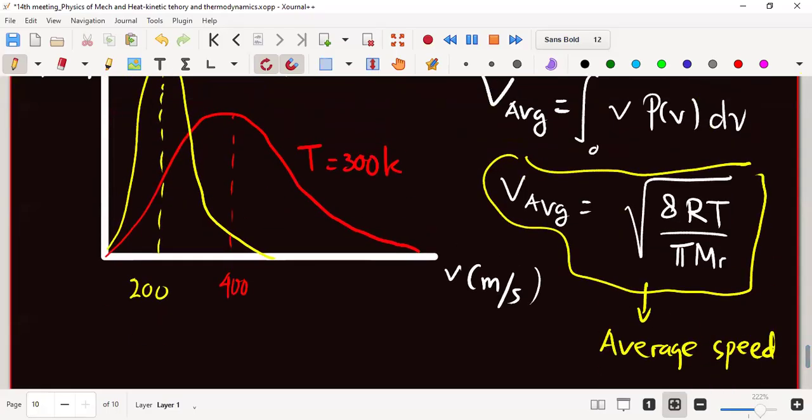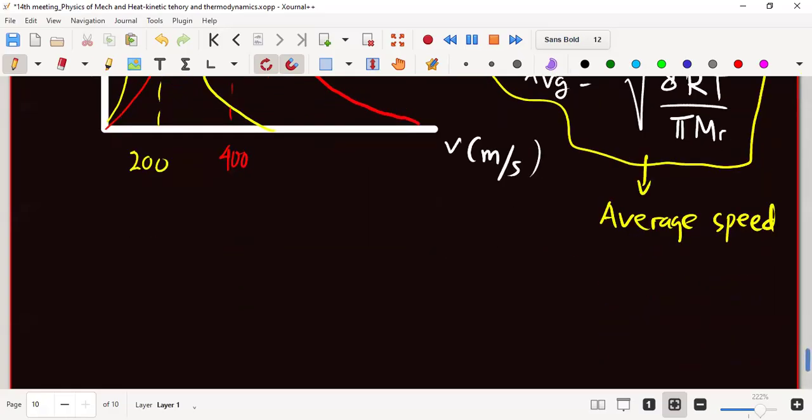And then for the integration of the square of the speed, we will get the RMS speed. Okay. And then we get the most probable speed.